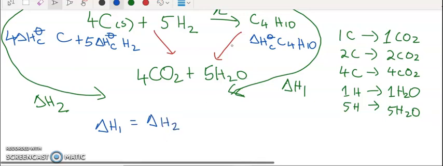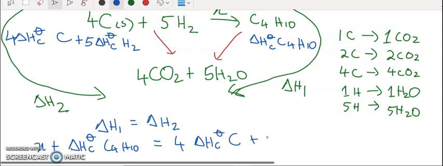So let's put in our information for delta H1. In delta H1, we have X plus the product side, which is delta HC theta C4H10, as we have written down here, equals, on this side of the arrow, 4 lots of carbon plus 5 lots of H2.